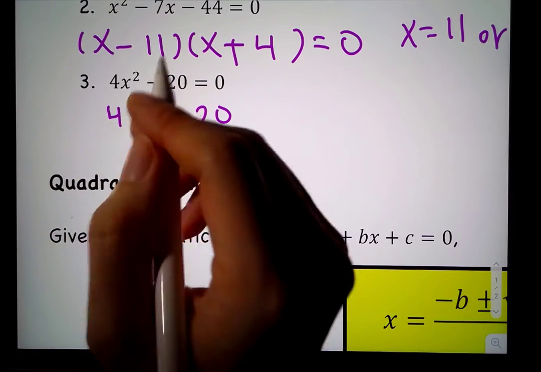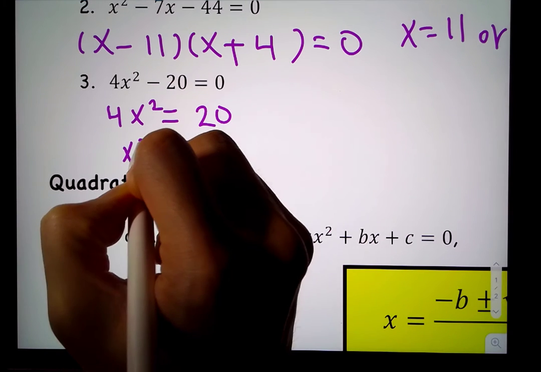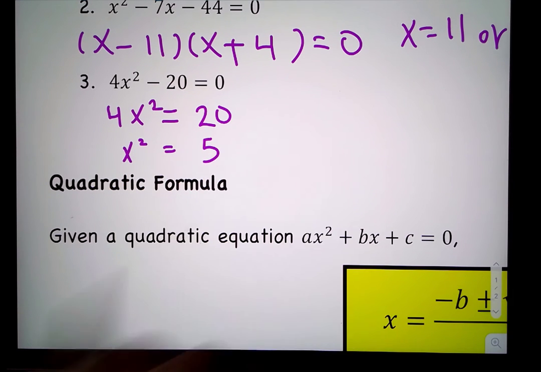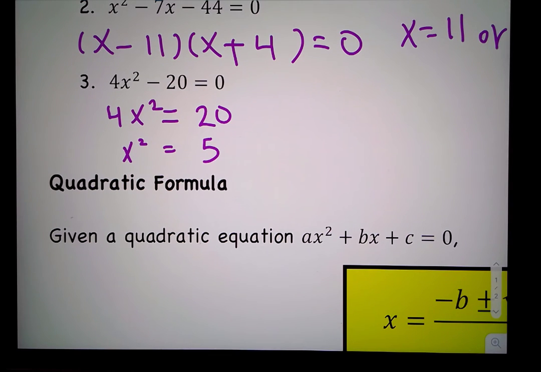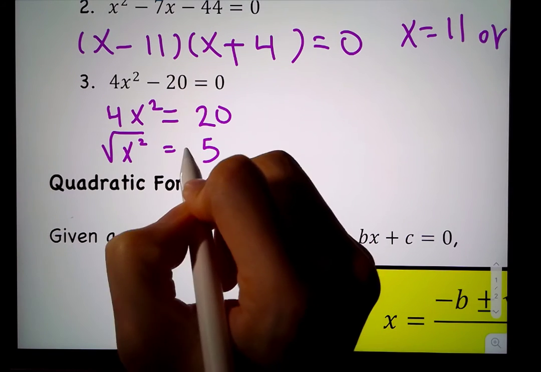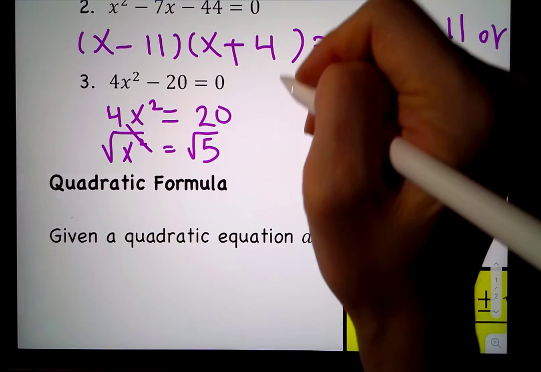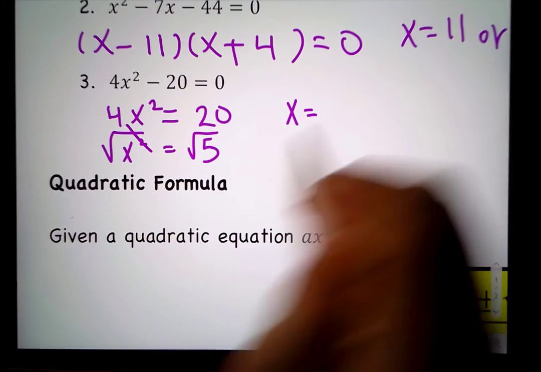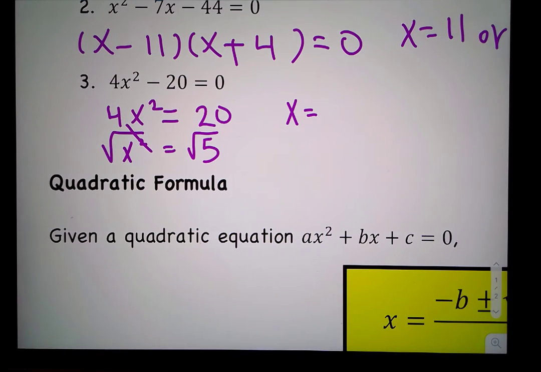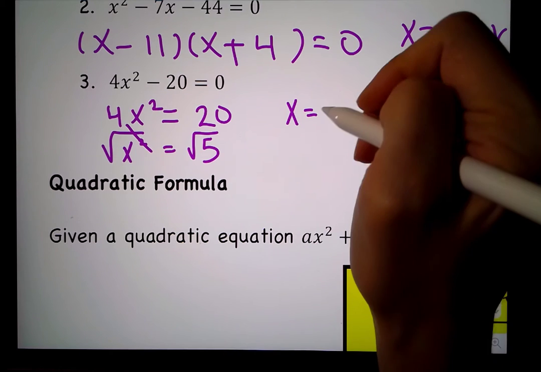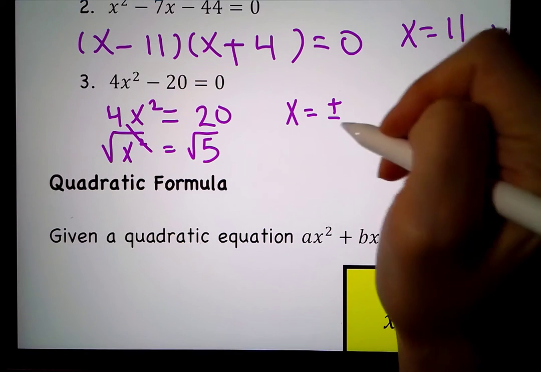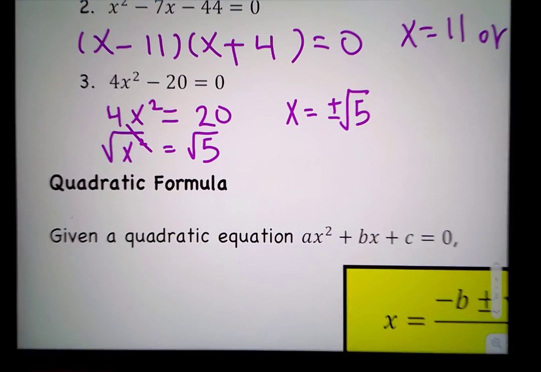And then I divide by 4. x squared equals 5. And then you take the square root. You cancel the square root and the square, so you get x. And I told you when you take the square root of each side, we should have positive and negative, right? So my answer is x equals plus or minus square root of 5.